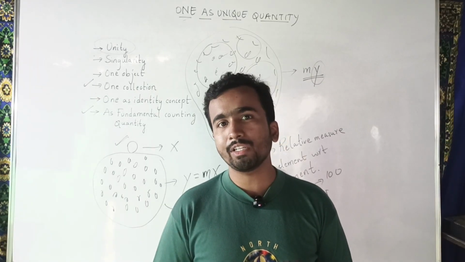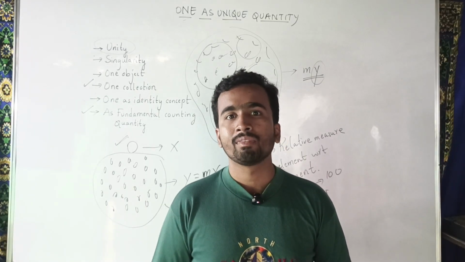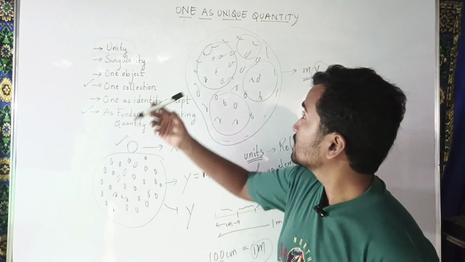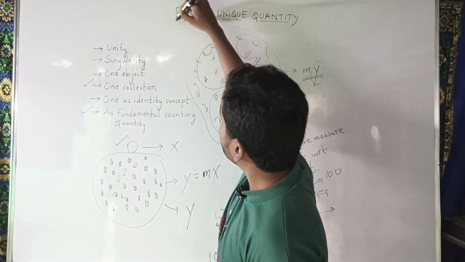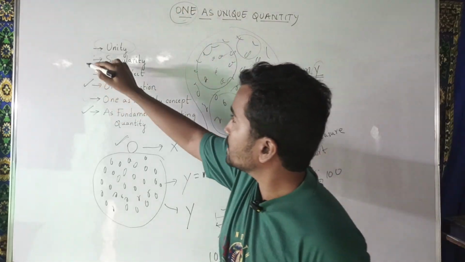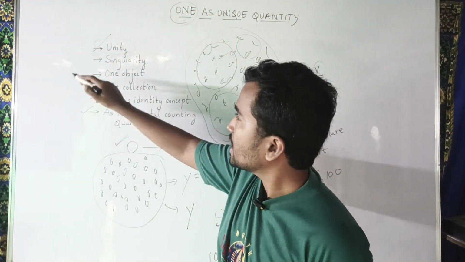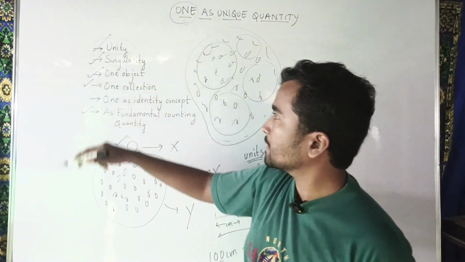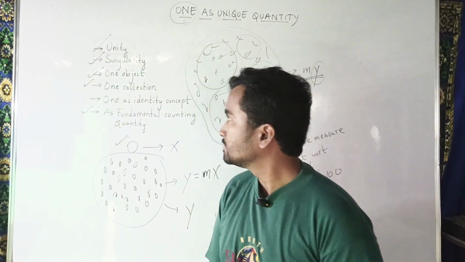Every measurement is a relative term, and that relativity stands upon the strong foundation called 1, which means unity as well as singularity. We already covered the aspect of one object.